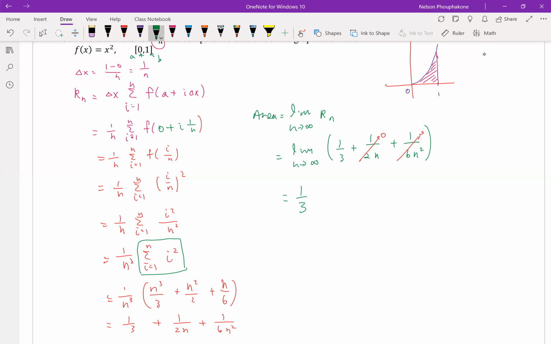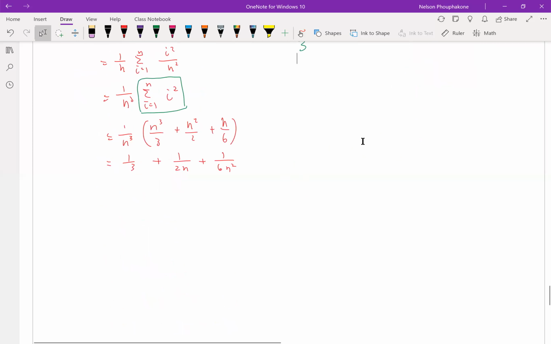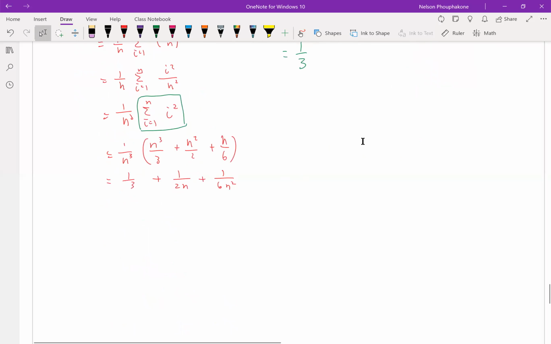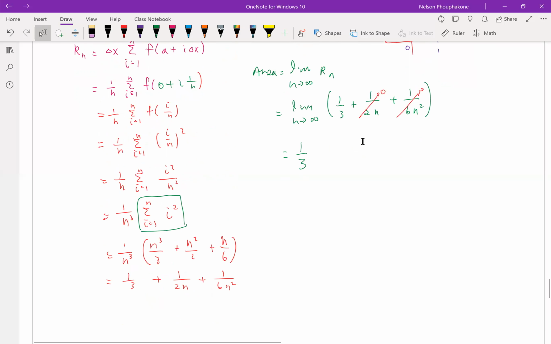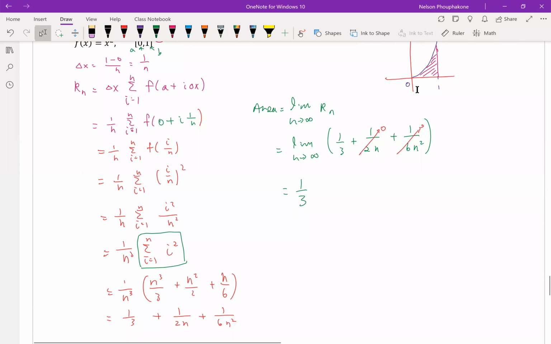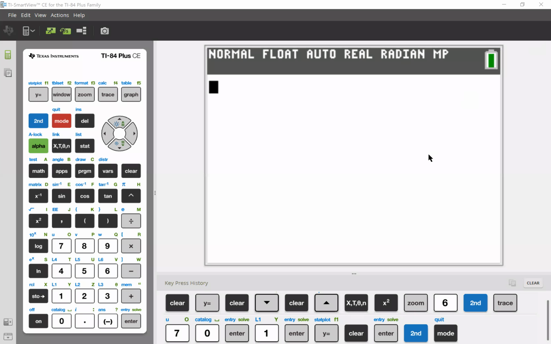Okay. So then now, how do we actually check the answer? The only way that you could check the answer is by using a calculator. So let me show you how we actually use our calculator to find the area. Okay, so now let's turn on our calculator.